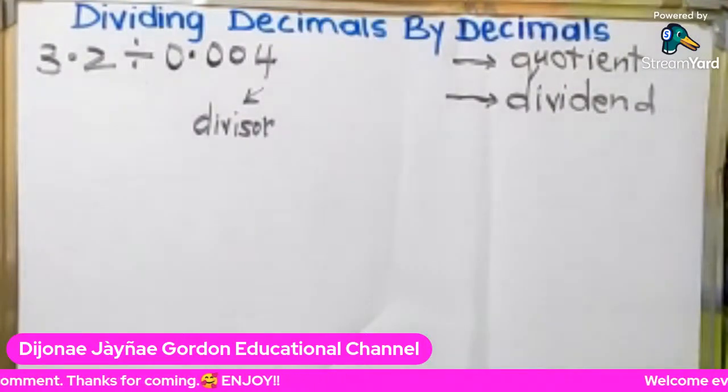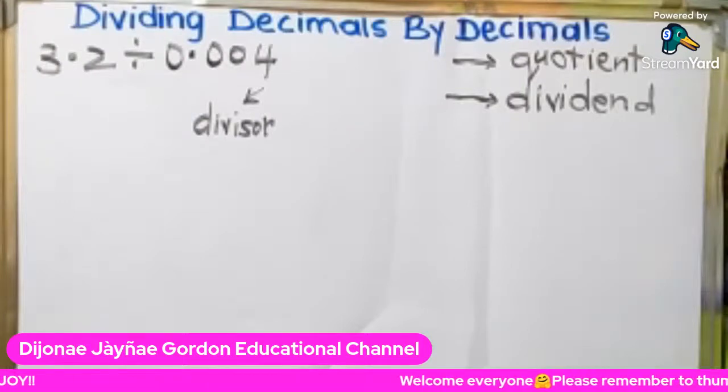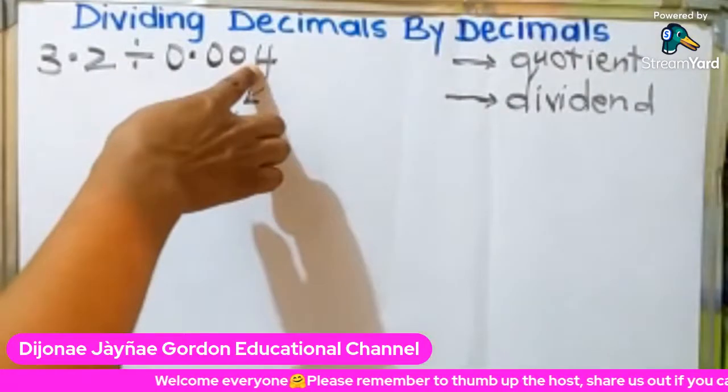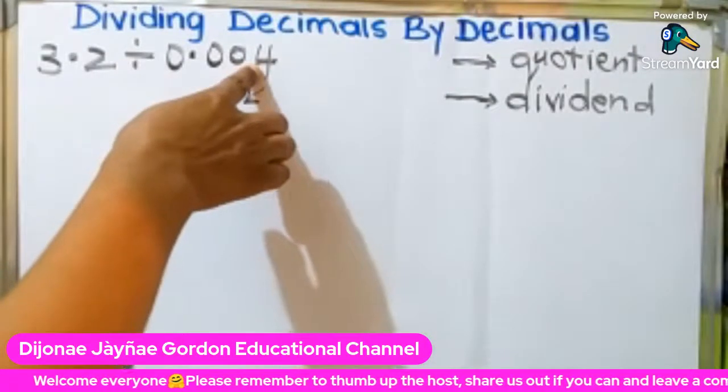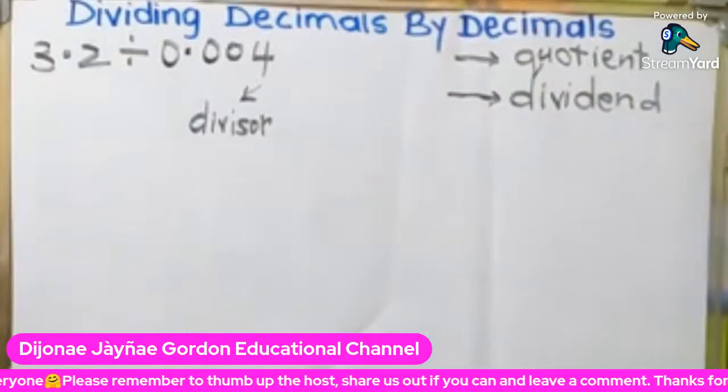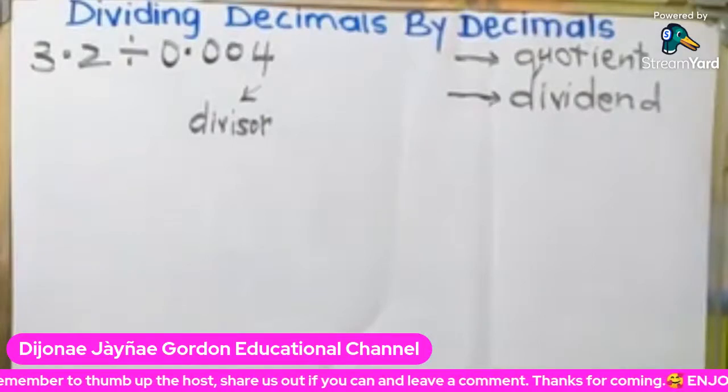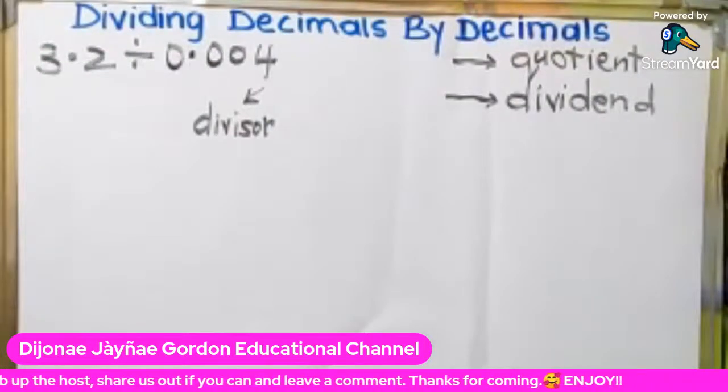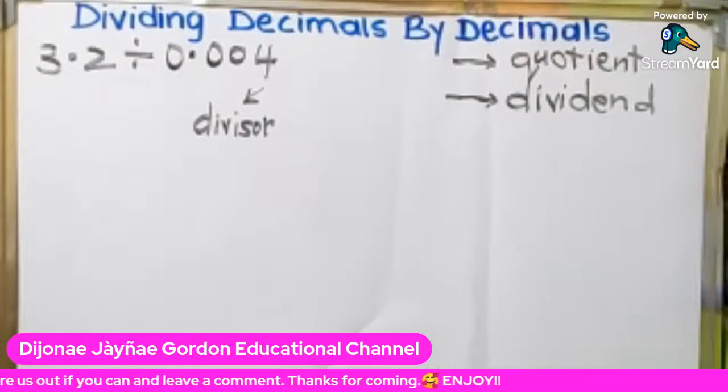Remember, the first thing we have to do is to ensure that we change our divisor to a whole number. All right, so 4 is in the thousandths place, and because it is in the thousandths place, we are going to multiply by 1,000.